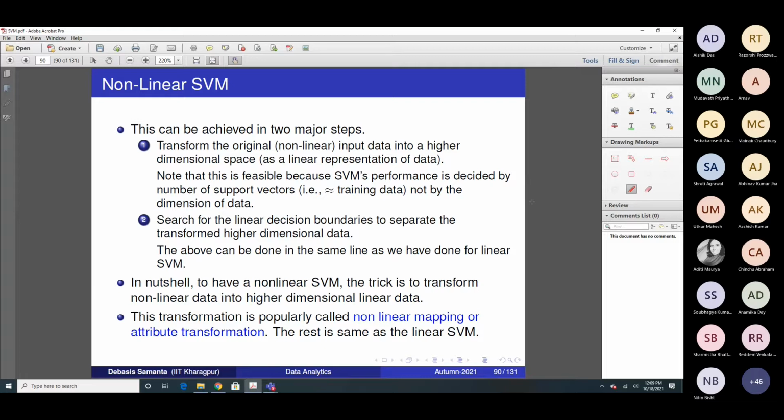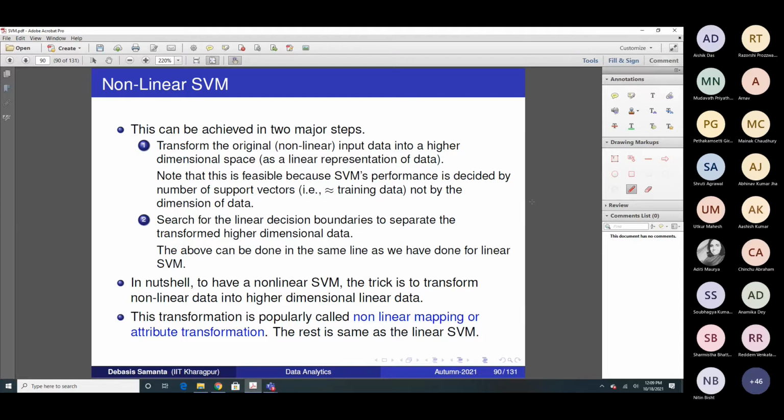All these things we will discuss so far as data transformation is concerned. This concept is called nonlinear mapping or attribute transformation. That means the data given to you has fewer attributes, but you can transform it into some other data set having a large number of attributes, that means from lower dimension to higher dimension.